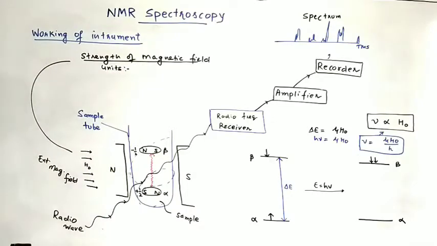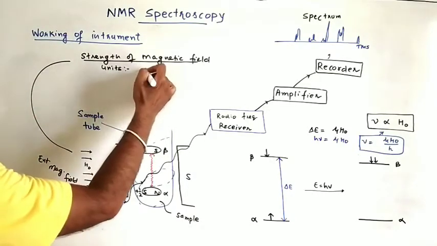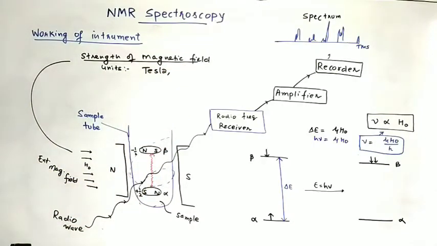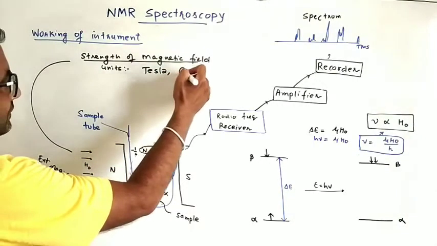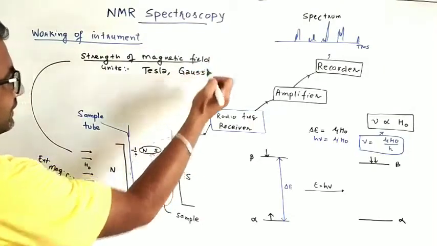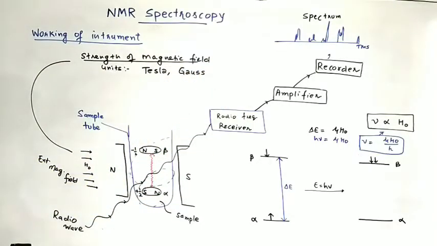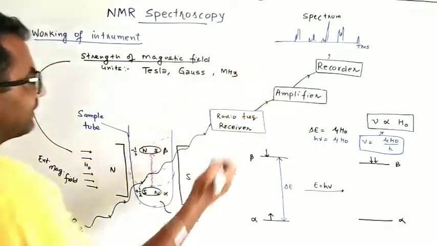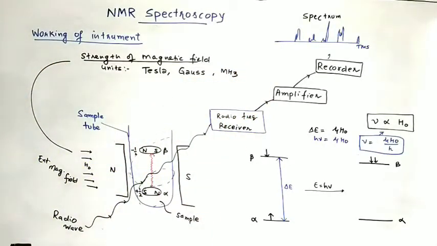The strength of the external magnetic field can be expressed in Tesla, in Gauss, or in megahertz. These are the simple units in which we generally express the strength of the external magnetic field.